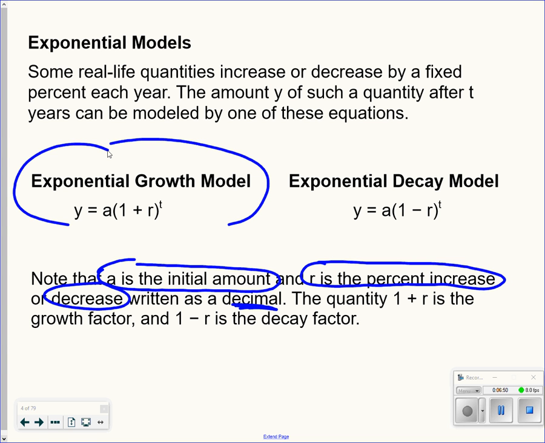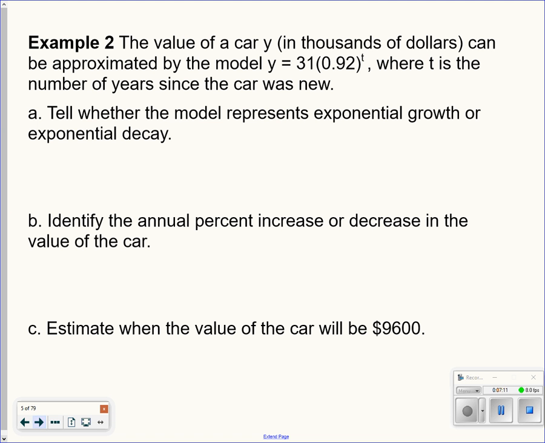Now growth factor and decay factor. When you actually do 1 plus R, that is considered the growth factor, and when you do 1 minus R, then that is considered the decay factor. So R is the rate, and then 1 minus R would be the decay factor, 1 plus R would be the growth factor. So here we go.